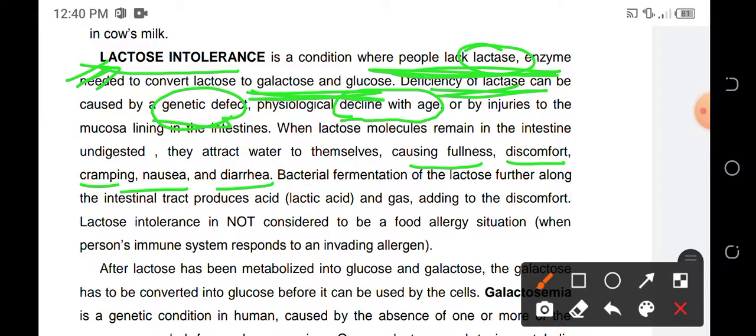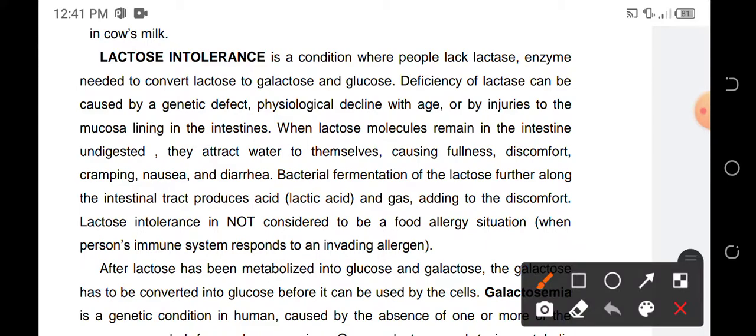So habang tumatanda, the lactase in our body is nagde-decline. And also, the deficiency of lactase for a certain person could be caused by injuries in the mucosal lining in the intestine. So, may mga reasons kung bakit ang isang tao ay nagsasuffer from lactose intolerance, at maraming reason din kung bakit nawawala yung lactase sa katawan natin.